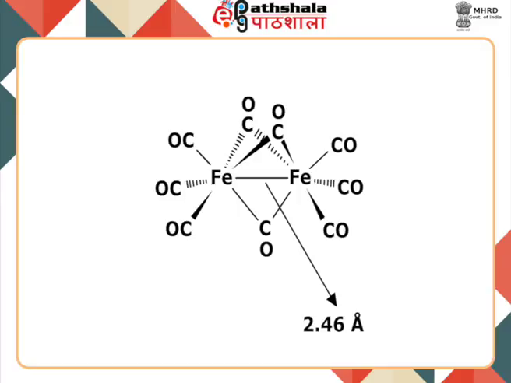The coordination number of iron atom in the di-iron nonacarbonyl is 7 rather than 6. Thus, the di-iron nonacarbonyl molecule consists of 2 octahedra sharing a triangular face containing 3 bridging carbonyl groups. Diosmium nonacarbonyl is suggested to have osmium-osmium bond but only one bridging carbonyl group.